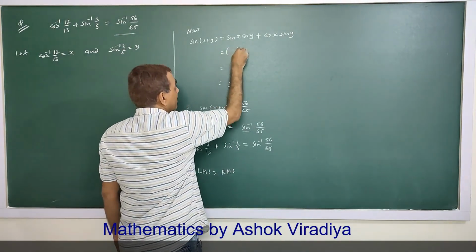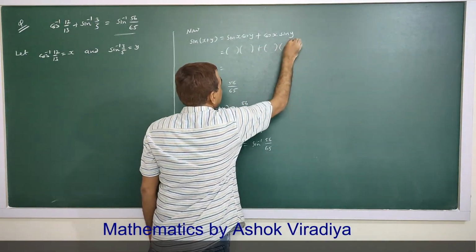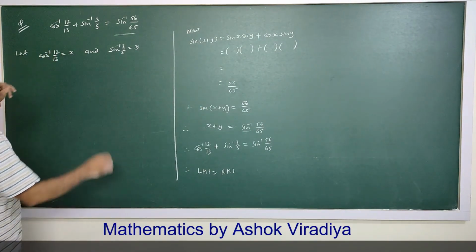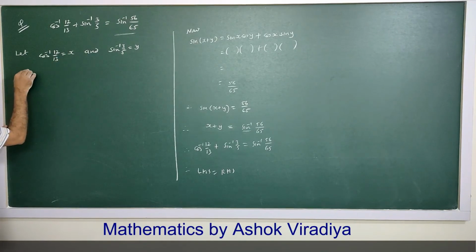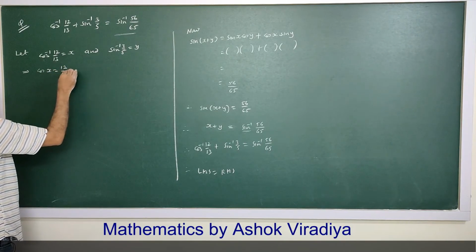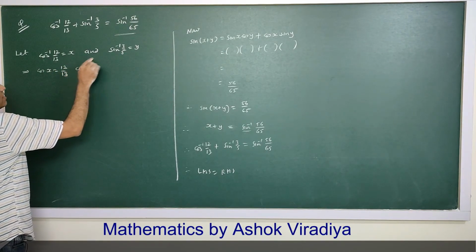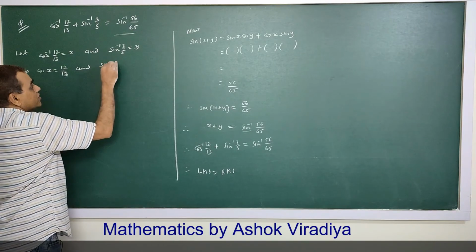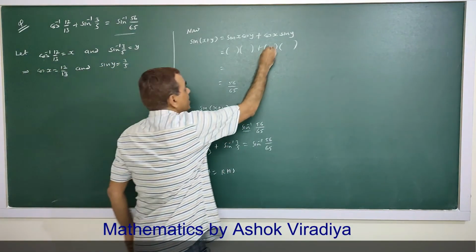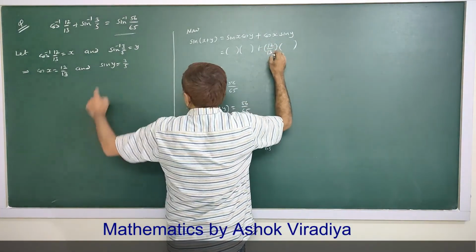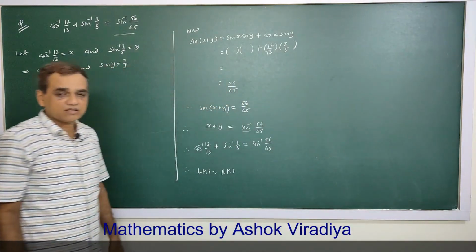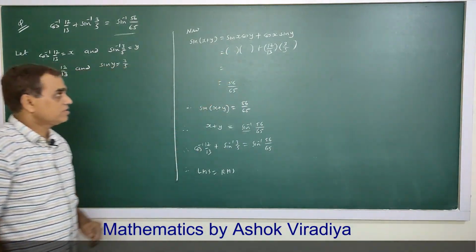We require 4 values. So which values are given? Here cos inverse 12 by 13 is x, therefore cos x is 12 by 13, and from this statement sin y is 3 by 5. These values are given, so we now require the other values.